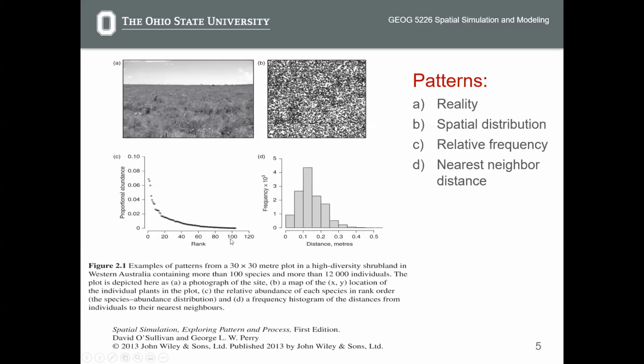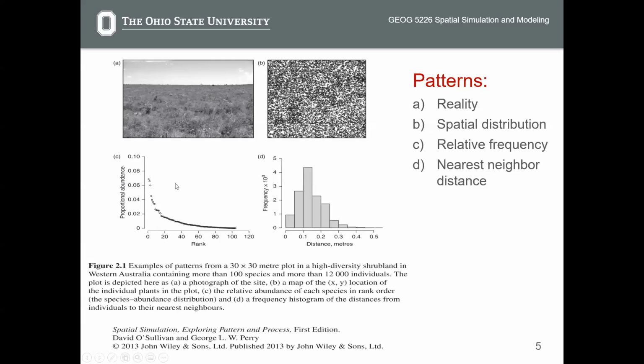Obviously, there are more than 100 here, containing more than 100 species. But you should know that the horizontal axis is for the rank, ranked by the number of individuals. So is there a pattern here? Is this still random? Obviously, it's not, because only several species, maybe 3 species, have a proportional abundance larger than 0.06.